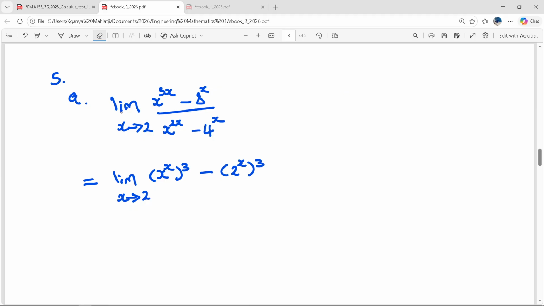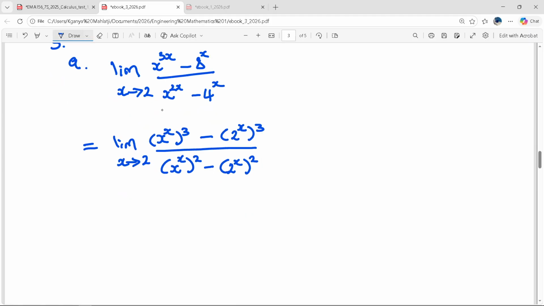That's how you can simplify the third one. All over, open bracket x to the power x, close bracket, squared, minus open bracket 2 to the power x, close bracket, squared.